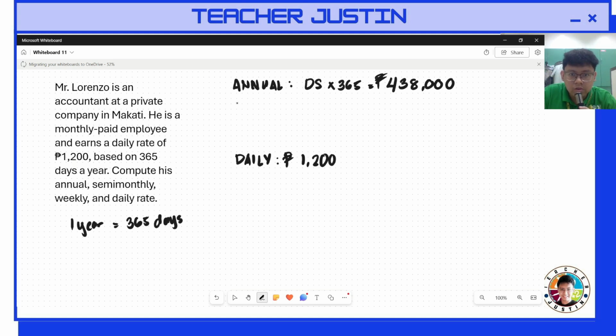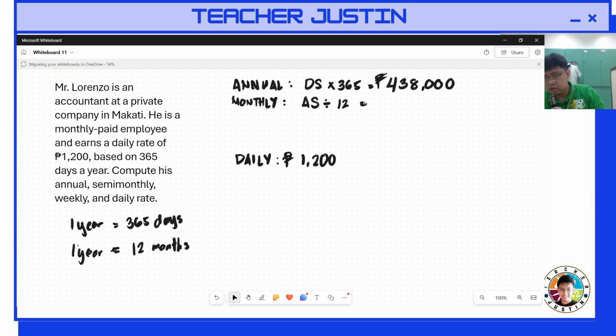Now we can proceed to his monthly salary. For monthly salary, we know that in 1 year it's equivalent to 12 months. So for this one, we will just divide the annual salary by 12 because we have 12 months.